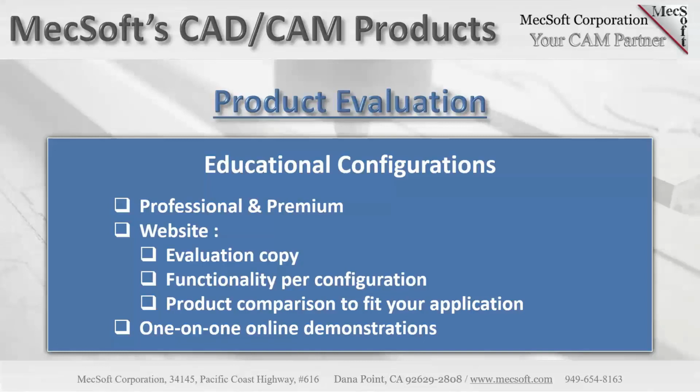The Professional goes all the way up to 3+2 and 4-axis machining. So if you're not doing any 5-axis continuous machining, Professional would be the choice for you. But if you are doing 5-axis continuous, like some of our advanced universities are doing, the Premium configuration would be the best option for you.